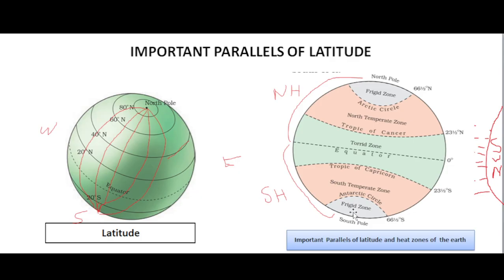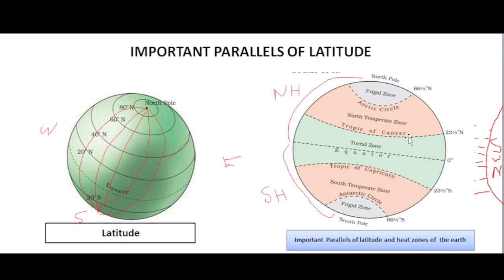As such, the areas bounded by the Tropic of Cancer and the Arctic Circle in the northern hemisphere and the Tropic of Capricorn and the Antarctic Circle in the southern hemisphere have moderate temperature. These are therefore called the temperate zones. This is the south temperate zone and then the north temperate zone.